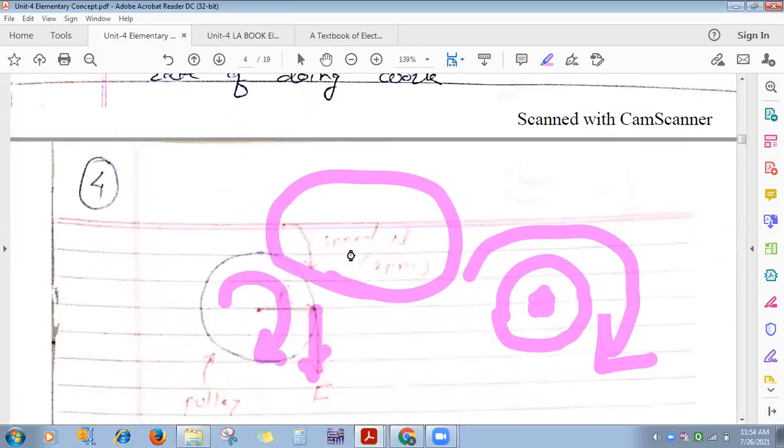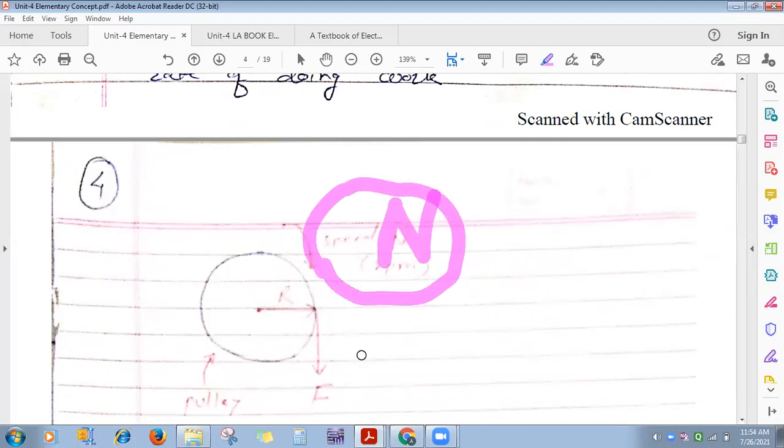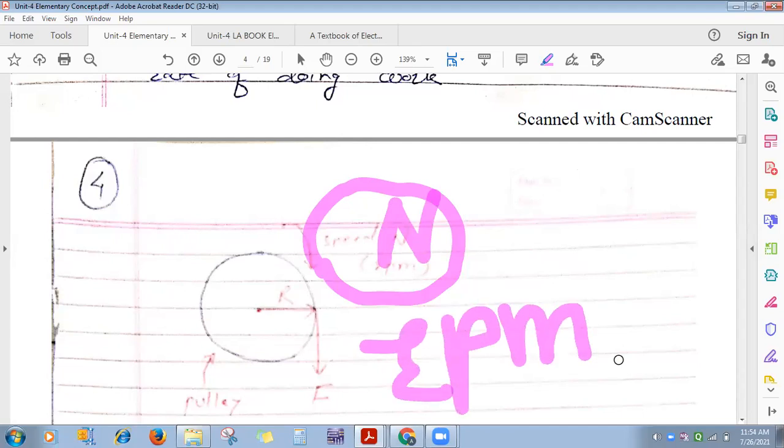So here I have written, see, speed is capital N and unit is RPM. So whenever any motor or generator rotates, whenever you switch on, it starts rotating, and its speed is denoted as capital N, with the unit revolutions per minute.